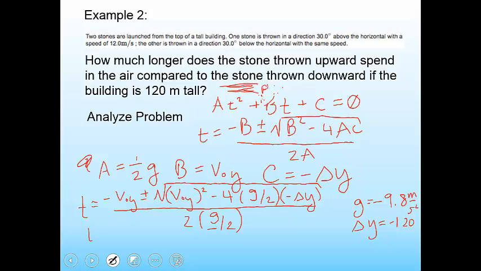If you plug in all of your numbers, you will get that the time for stone 1 is equal to, I did this out somewhere, I've got to plug it into my calculator. Okay, when I plug all that into my calculator, I get 5.6 seconds. For stone 2, I get 4.4 seconds.